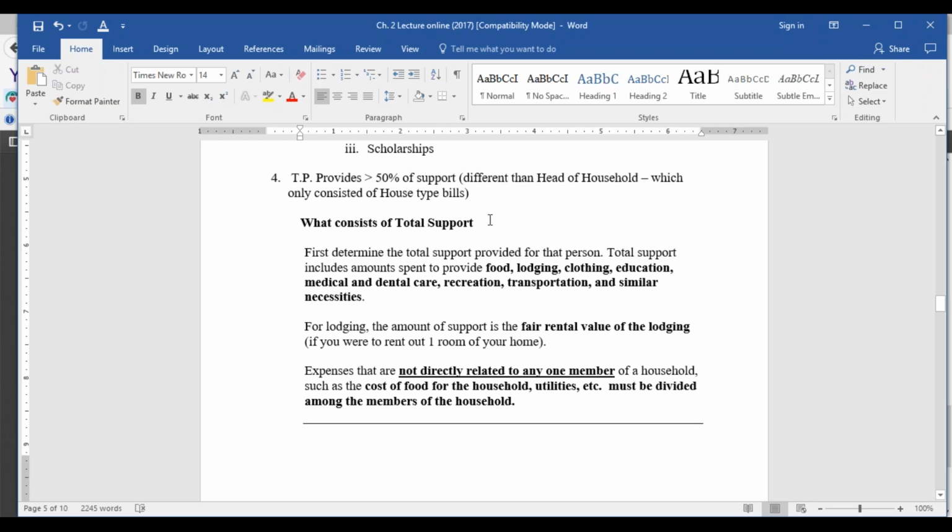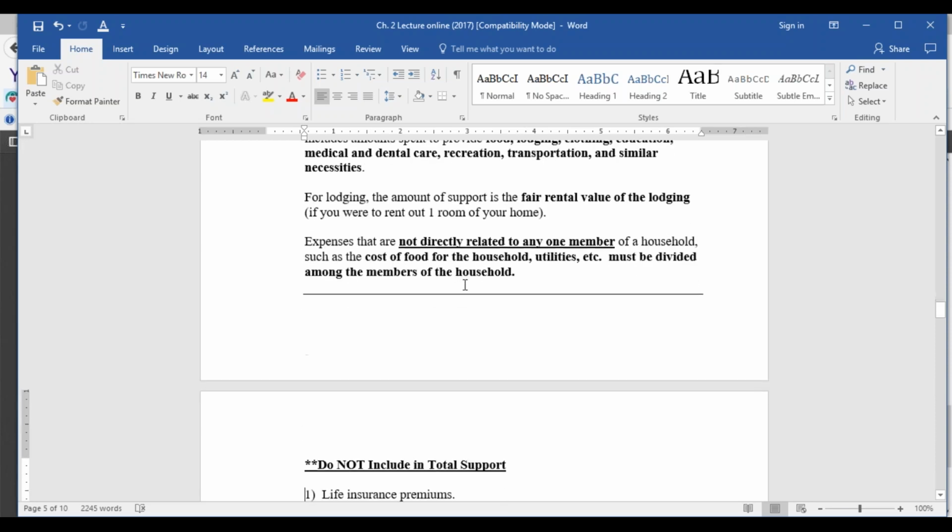So what consists of support? Well, this is more broad. The head of household test we looked at only counted things like electricity, utilities, rent, maybe the mortgage payment, and real estate tax. Support includes a lot more items: who paid for that person's food, their education, maybe their medical care, any fun things that they did.